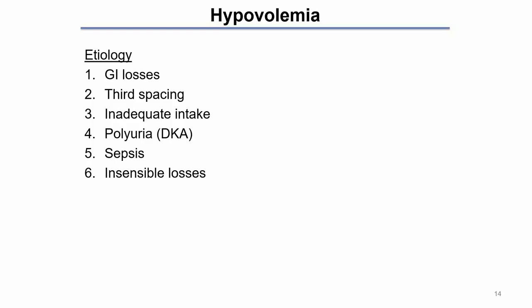It doesn't have to be vigorous exercise either. It could be in the case of, for example, a very elevated body temperature or high fever that can cause increased diaphoresis, and that's insensible losses. And if the fluid is not replaced, hypovolemia can result.